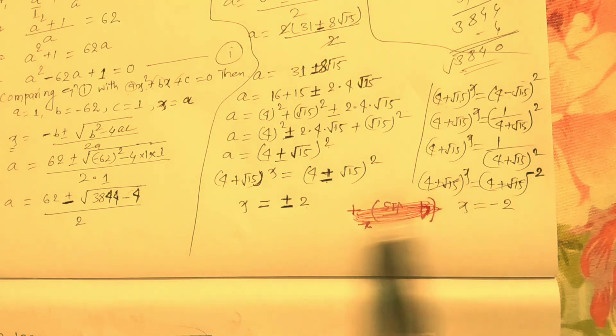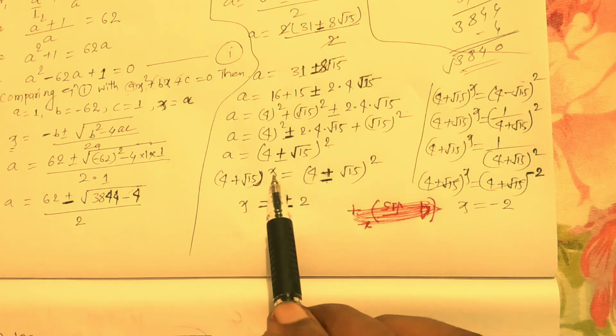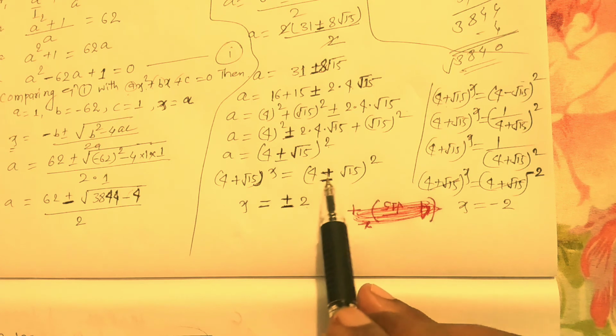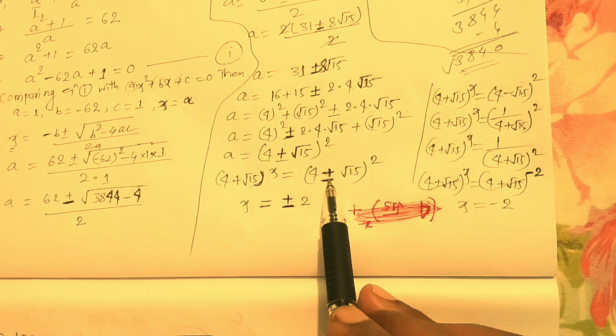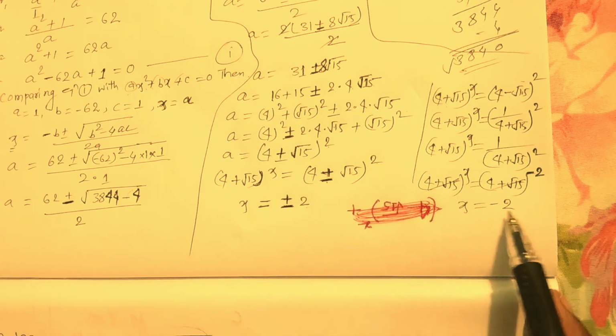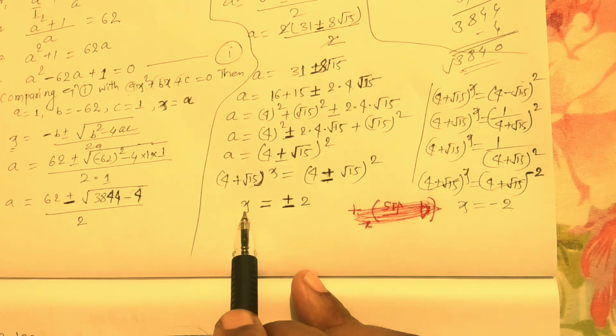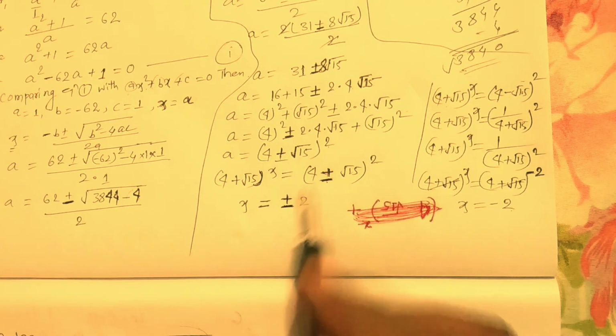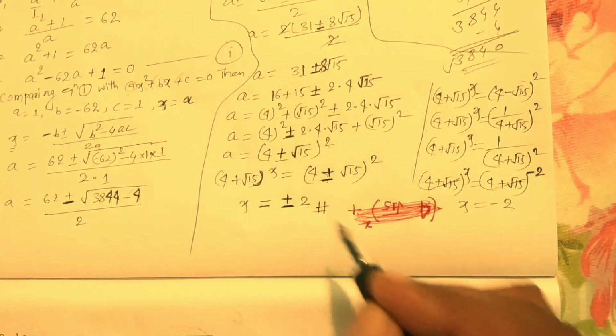Therefore, while taking the positive sign the value of x will be positive 2, but while taking the negative sign and solving, we get the value of x as negative 2. Therefore we have two values of x here, positive 2 and negative 2. So this is the answer to this question.